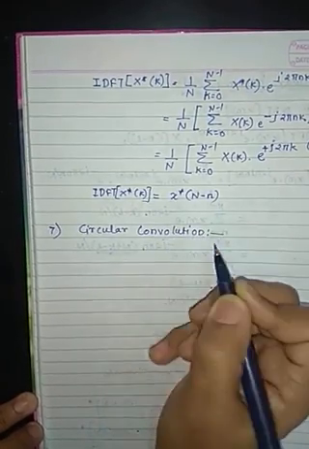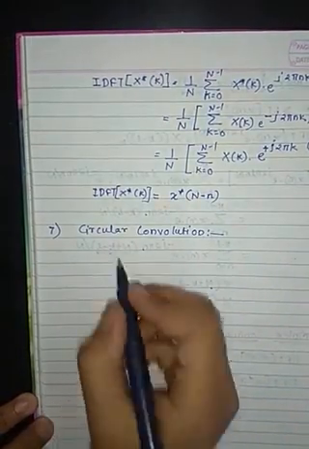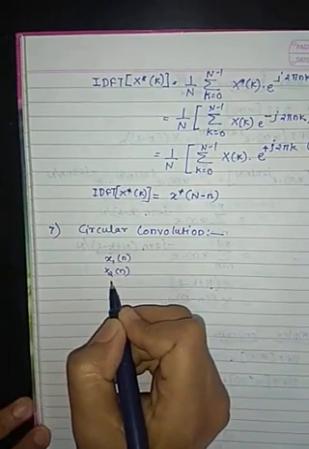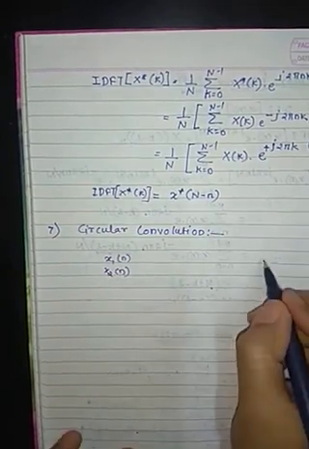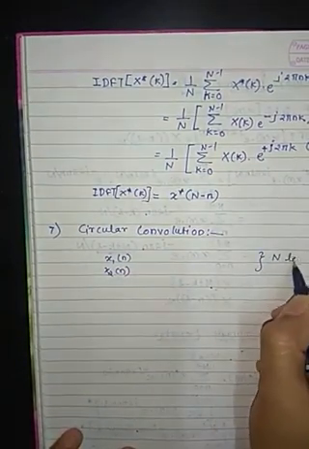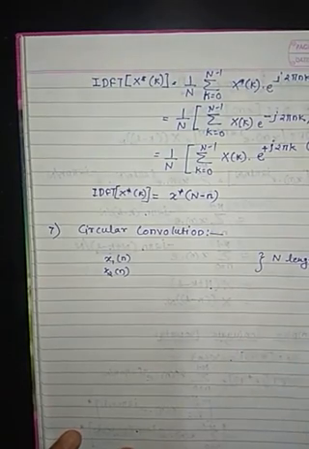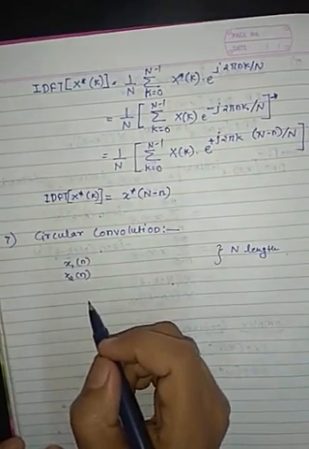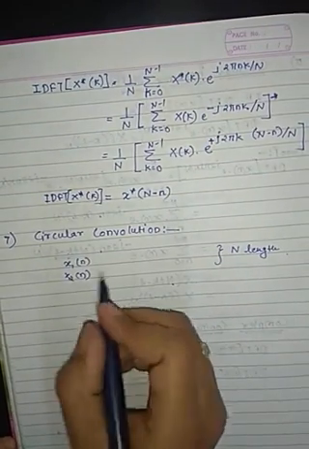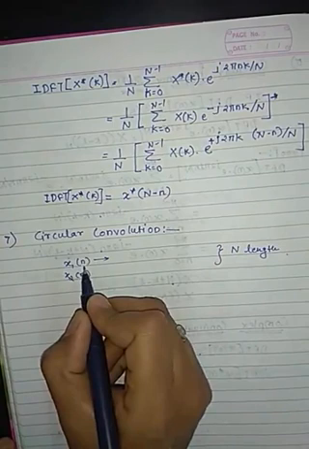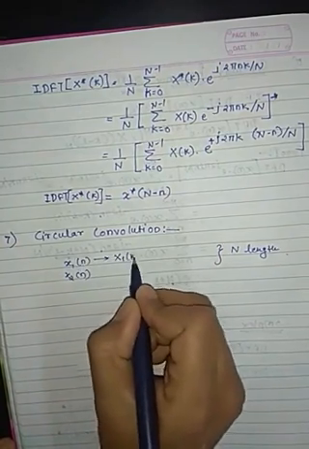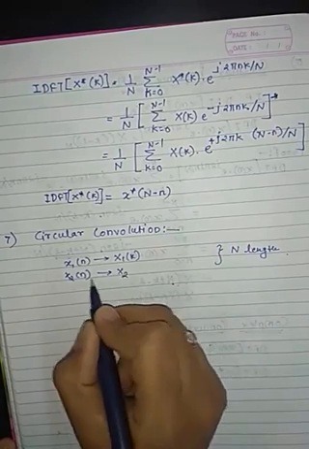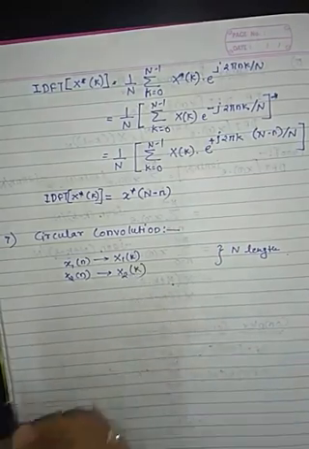What does circular convolution state? Let x1 of n and x2 of n be finite duration sequences, both having length N. The DFT of x1 of n is denoted as X1 of k, and the DFT of x2 of n is denoted as X2 of k.